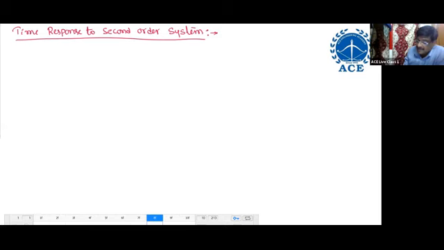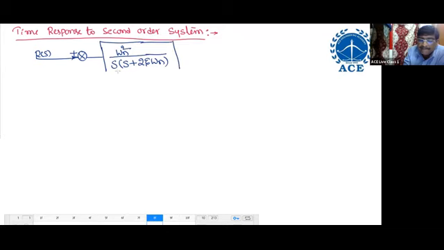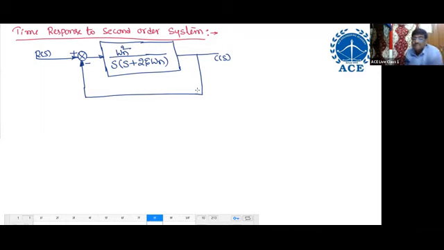So R of S, summing point, omega n square by S into S plus 2 zeta omega n, C of S. This is the block diagram for the second order system.